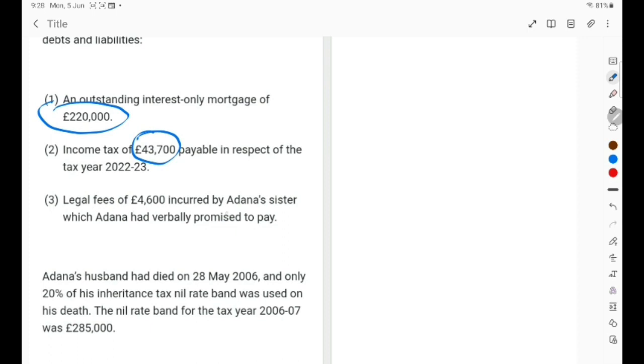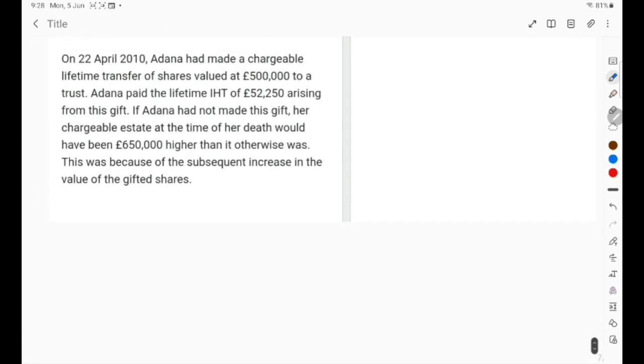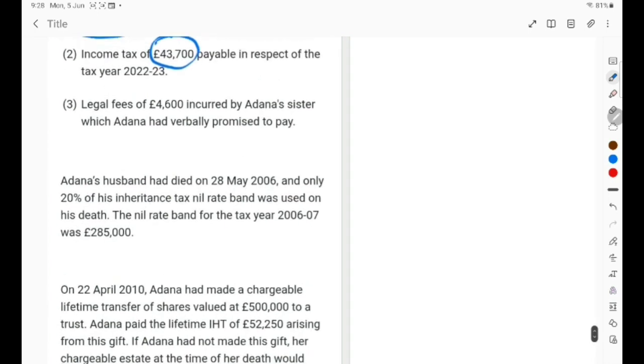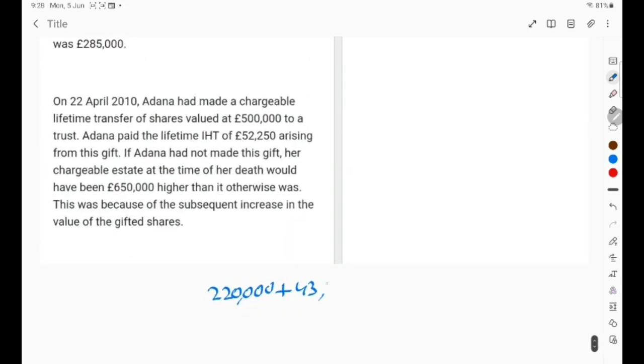The legal fee which she promised is not considered to be a liability by rules. So it is total 2,20,000 plus 43,700. So this will give you 2,63,700 amount.